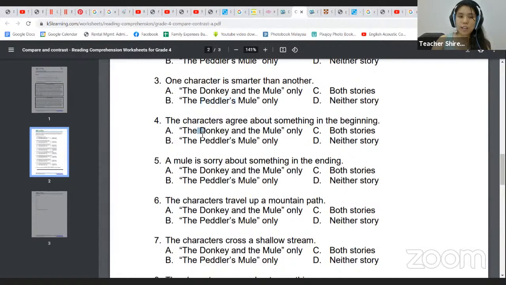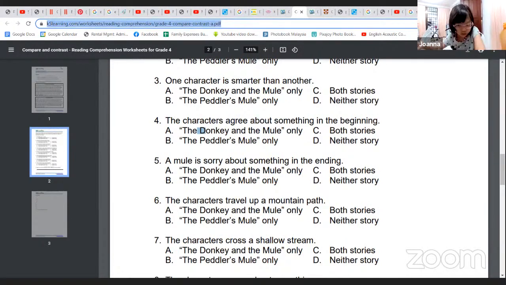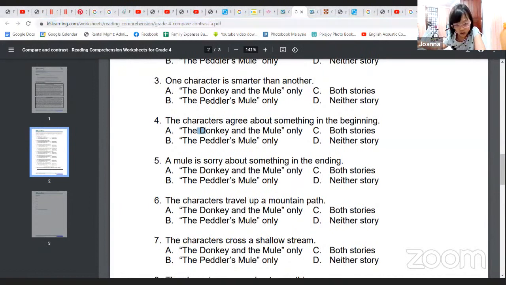The characters agreed about something in the beginning. Okay, next, Joanna, number 4. The characters agreed about something in the beginning. Which one? Agree about something in the beginning. What does that mean?